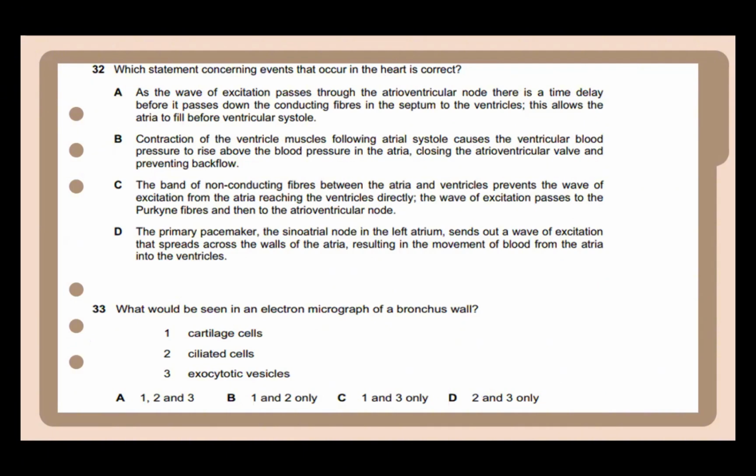Which statement concerning events that occur in the heart is correct? The answer is B. What would be seen in an electron micrograph of a bronchus wall? The correct answer would be cartilage cells, ciliated cells, and exocytotic vesicles.